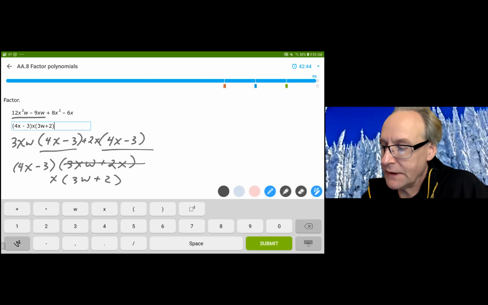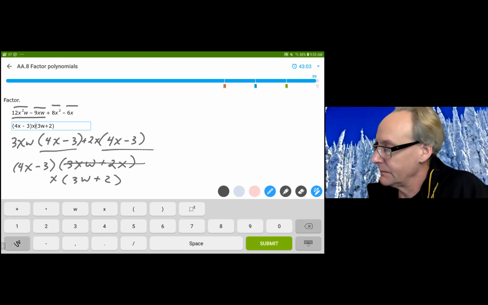So 4x times 3w is 12xw, and I'm multiplying it by x, which does give me the right one. For my middle term, I get a minus 9wx, plus 8x squared, and a minus 6x. And it is correct. It's absolutely correct.